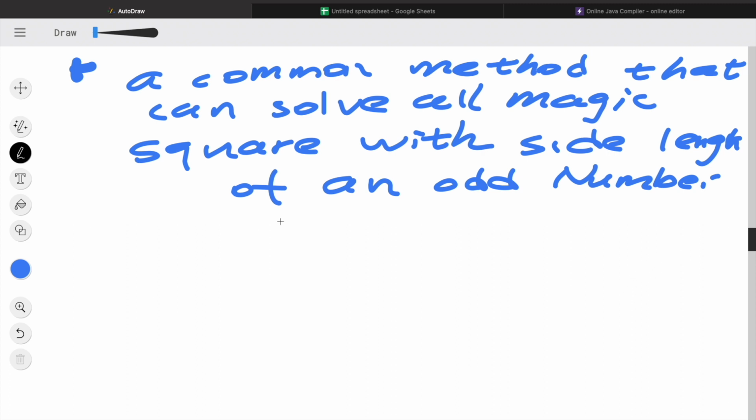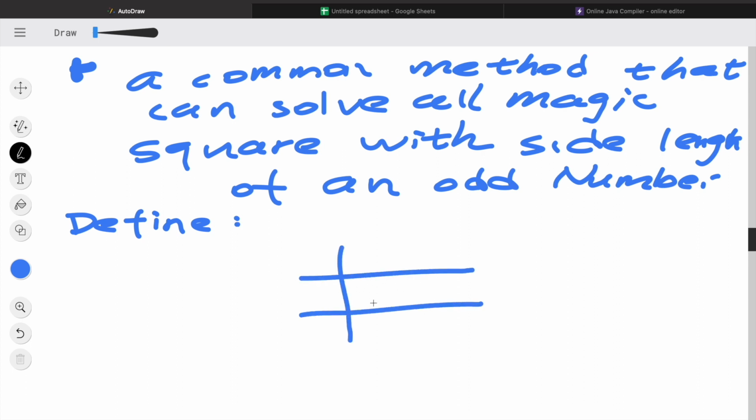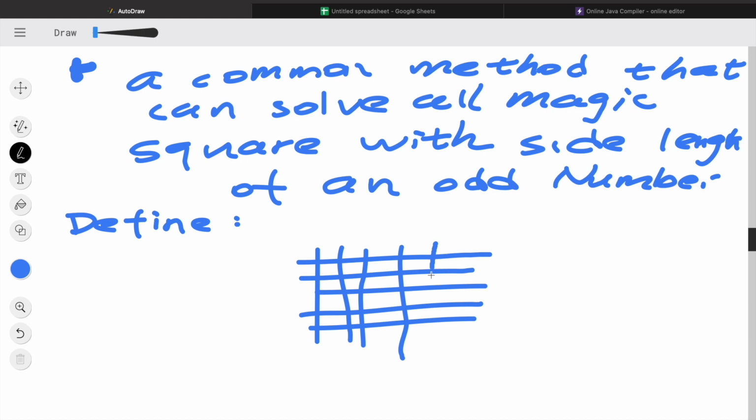We are going to define some terms first. This is called a row. This is called a column. This is called a coordinate, which has the form row, column.